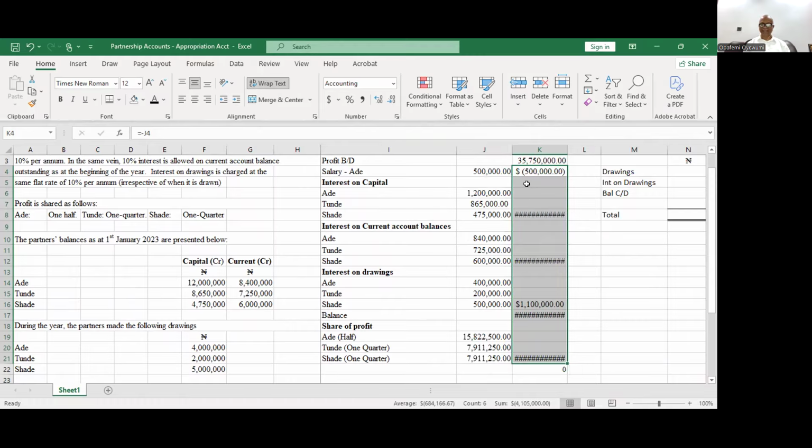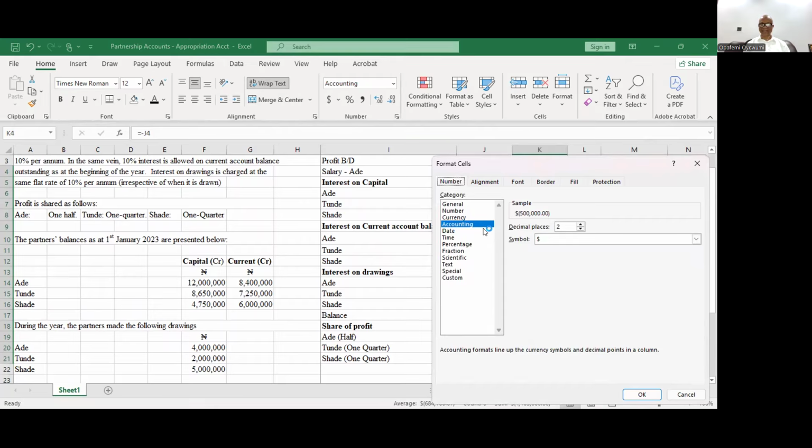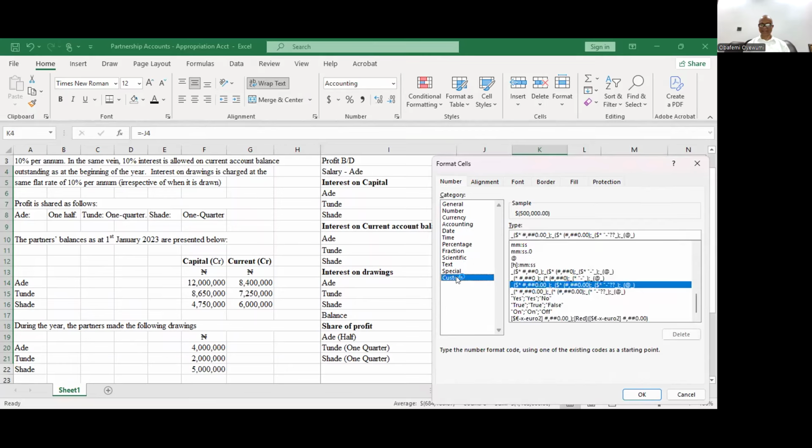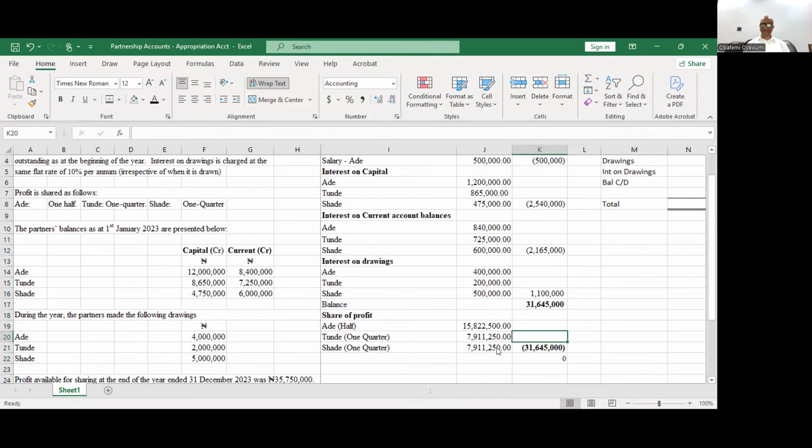Oh, I should not have it in dollars. Let me go back. We started with naira, so let's not bring it out there. All right, so there we are. So that means at the end of the day, zero balance. So thank you for at least being part of this.